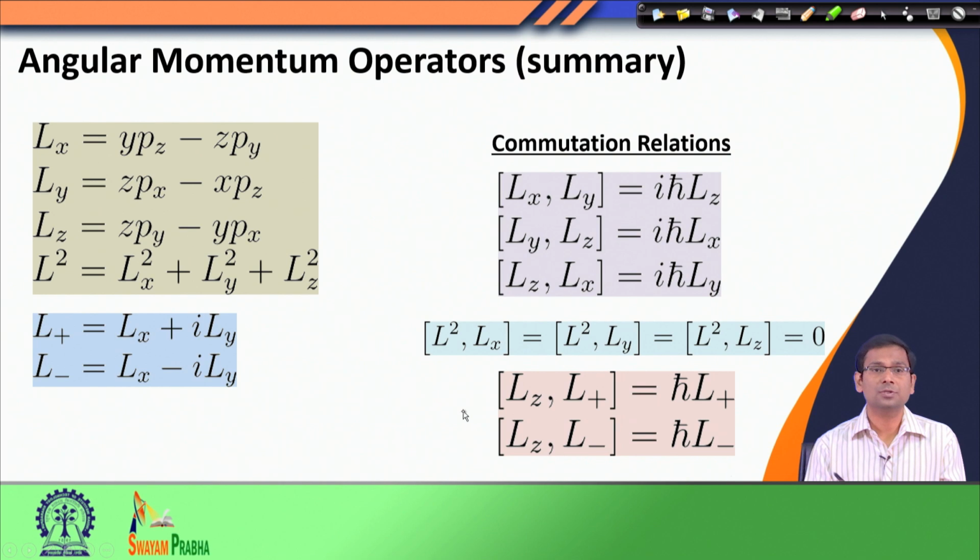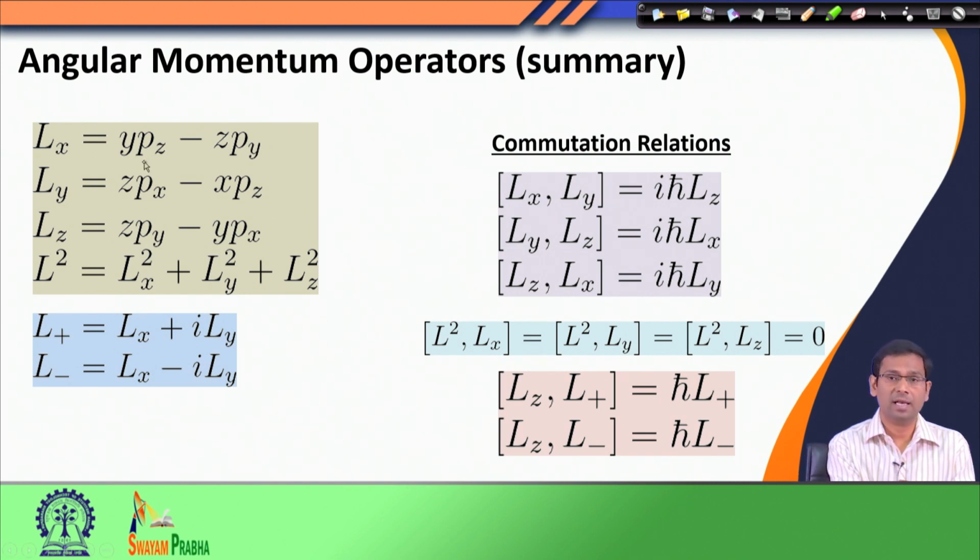Since we defined so many new operators, I would just spend a few minutes discussing a summary of what we have done so far. We said that we can define the functional form of the angular momentum operator by using the classical mechanical description, that L, the angular momentum, is the vector product between R and P. Since it is a vector product, we have three components, Lx, Ly and Lz.